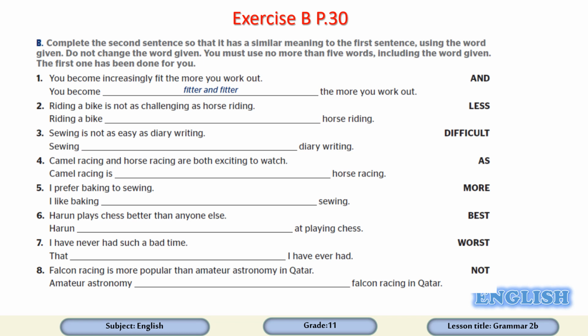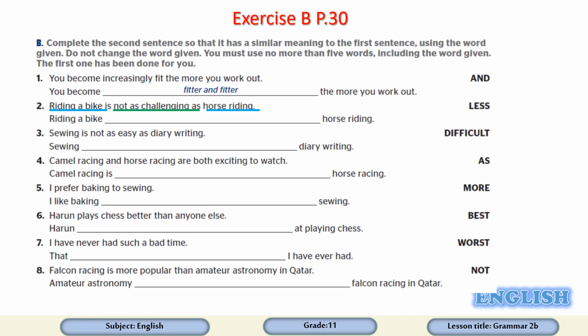Let's begin with sentence number 2. Riding a bike is not as challenging as horse riding. How many activities are compared in this sentence? Very good. 2 activities. The first is riding a bike and the second is horse riding. What kind of comparison is in this sentence? Excellent.